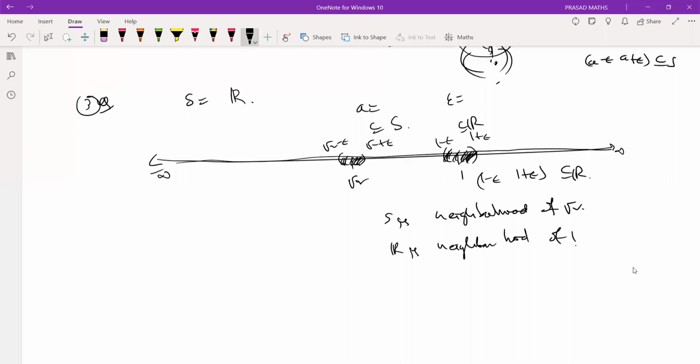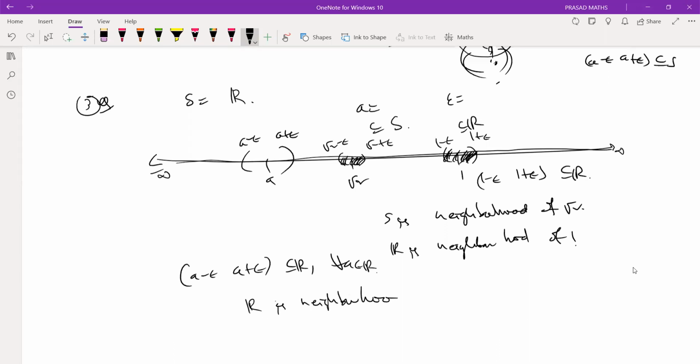So therefore, R is a neighborhood of 1. Any point that you give me, I provide a neighborhood that is inside the real numbers. This is true for any point. Therefore, R is a neighborhood of A, where A is any arbitrary point. Therefore, R is a neighborhood of all its points.